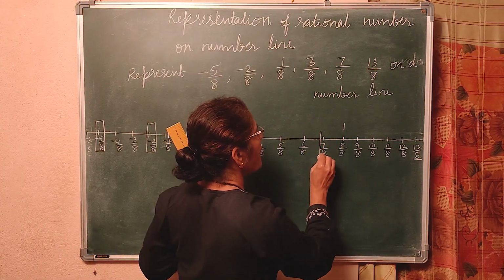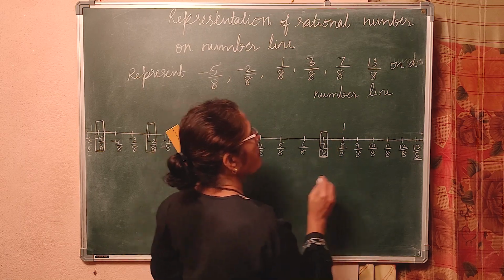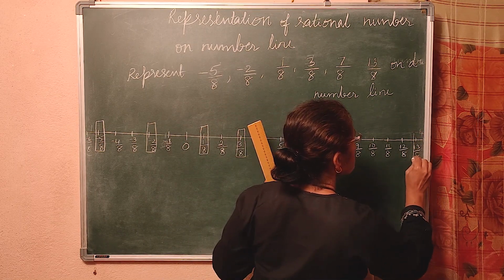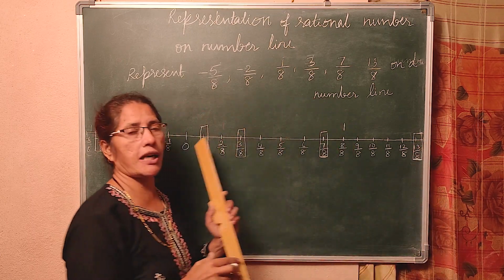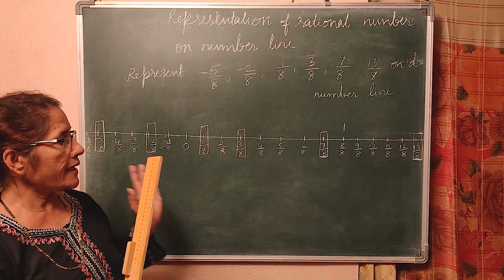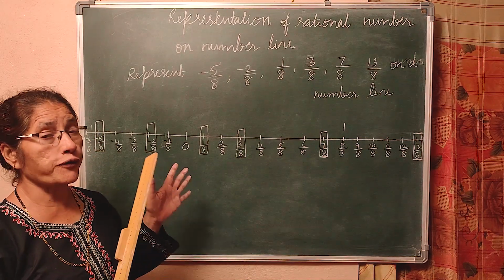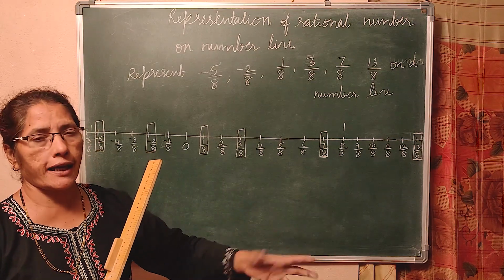So, even if you underline, no problem. See, it is marking 7 by 8, 13 by 8. So, I hope you understood how to locate the rational numbers on the number line. Is it clear?